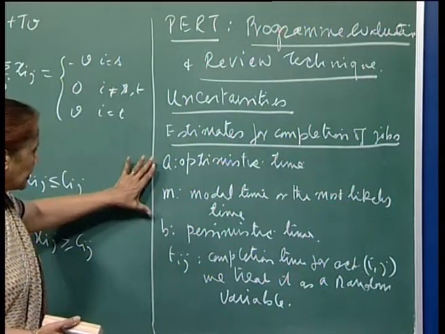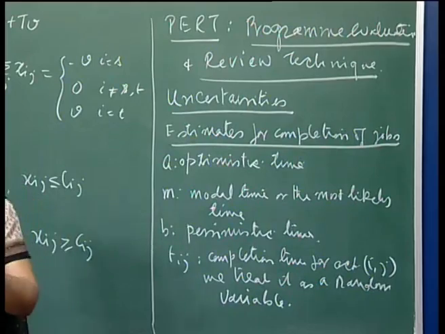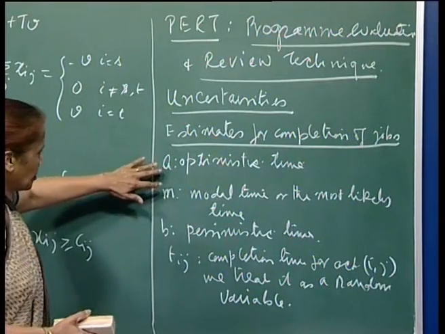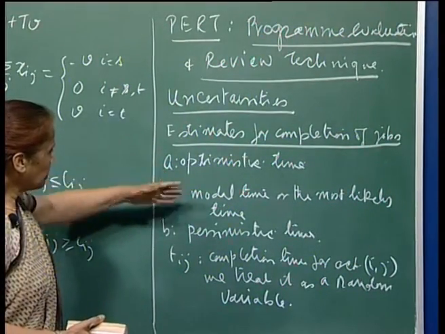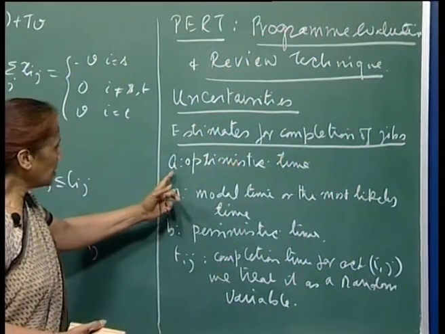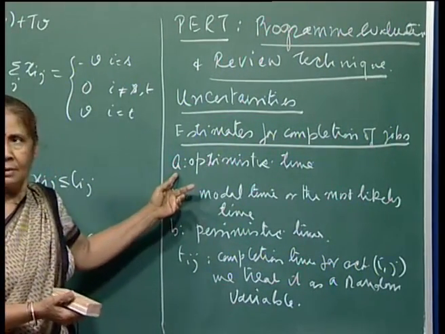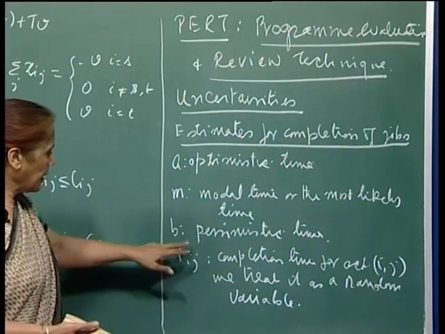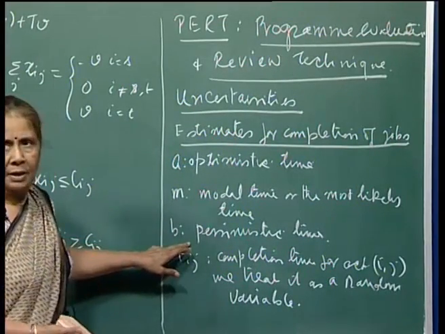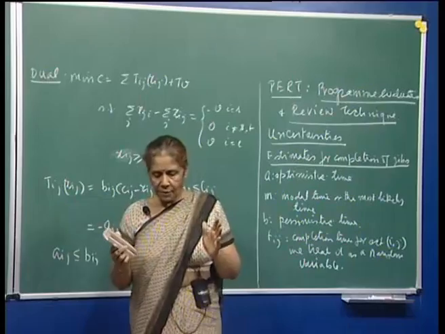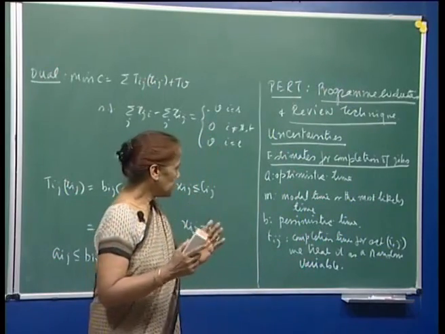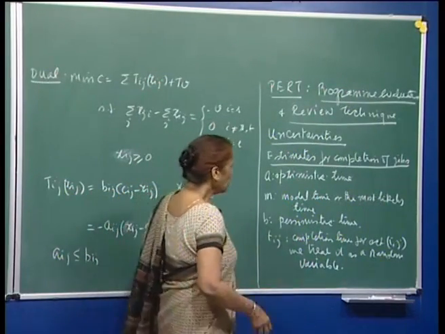That it has a finite range, because you do not expect the job to be completed before the time A, because it is the optimistic time, and you do not expect it to go beyond B. So, you are looking for a probability density function which has a finite range, which is unimodal.